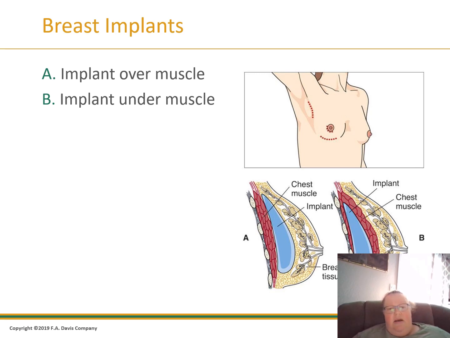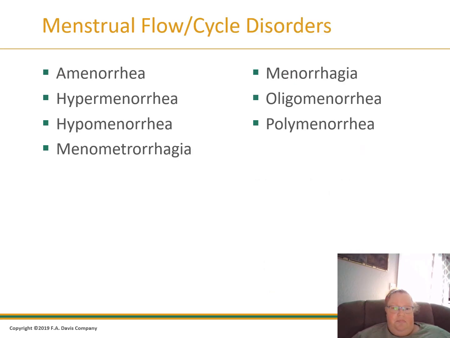Over the muscle, you have the option of larger breast size because skin is much more pliable than muscle. Under the muscle, you would have to go with a smaller size, but you would also still be able to breastfeed. So that's kind of the thing.